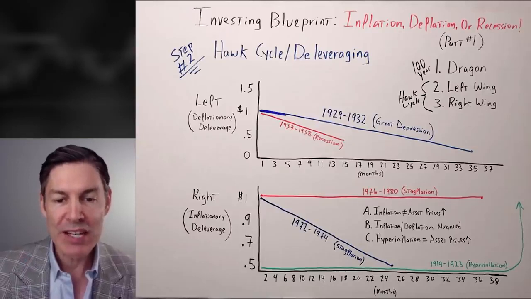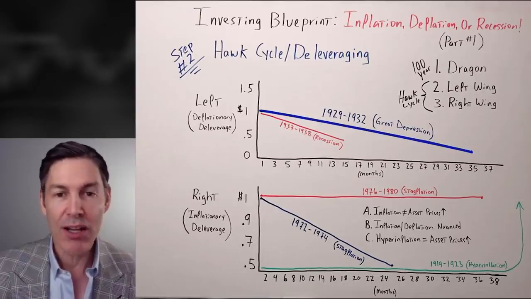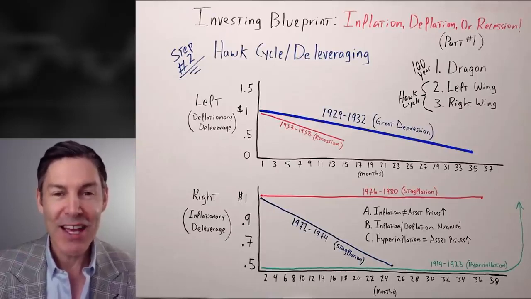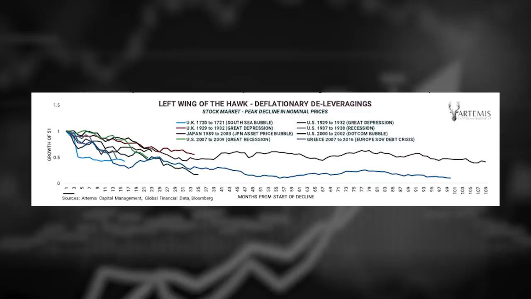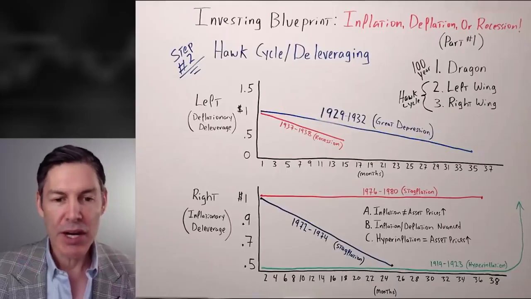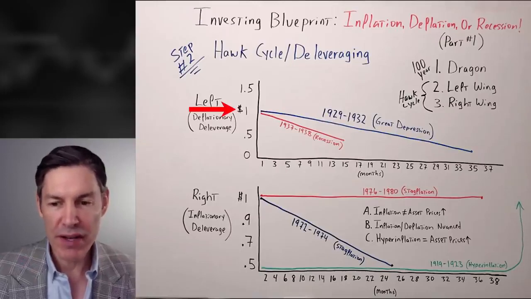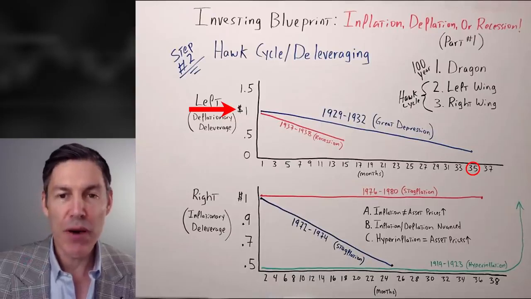We'll start with 1929 to 1932, and I've made this chart a lot simpler than Chris Cole's. He follows it exactly. So editor, throw that up. You can see how it goes up, down, a little tough to read, so I just made it a straight line. In 1929, if you would have had $1 invested, 35 months later, that dollar would have been down to 50%.